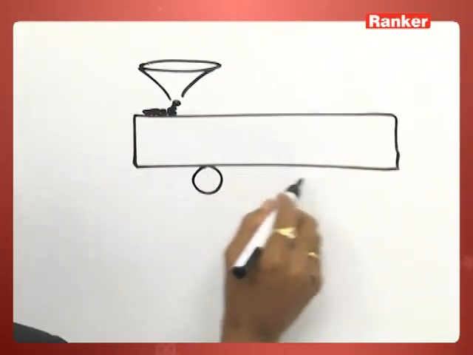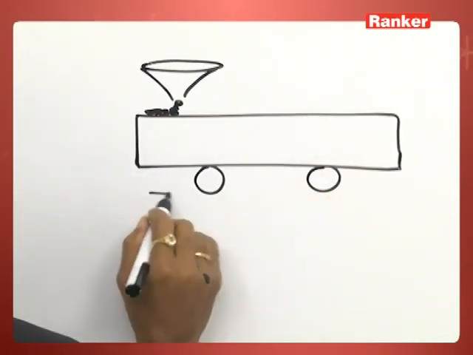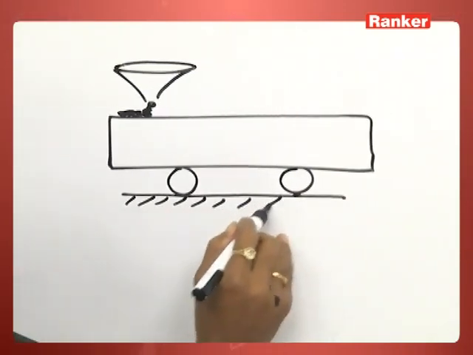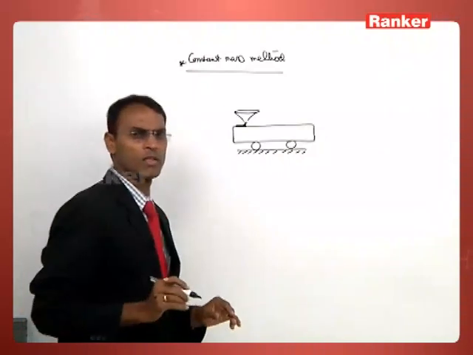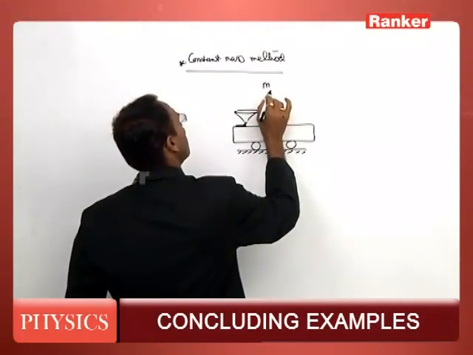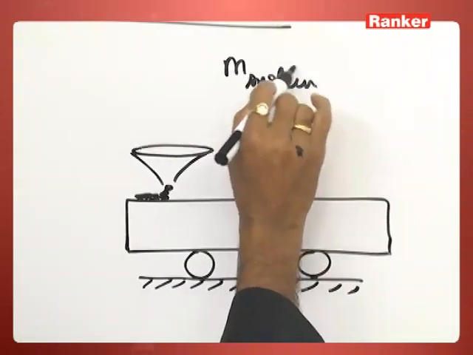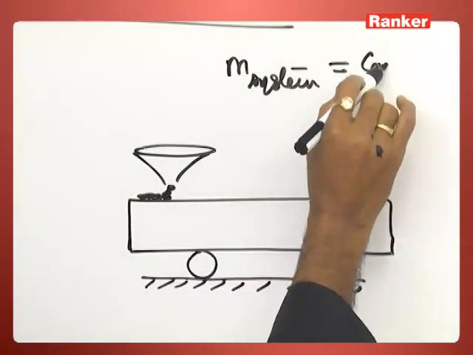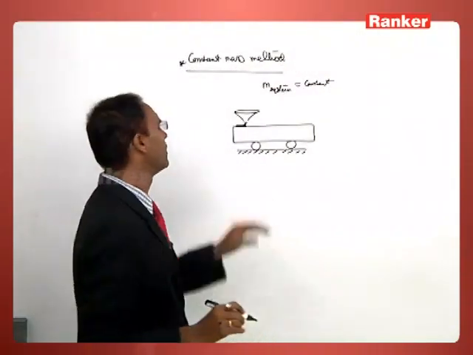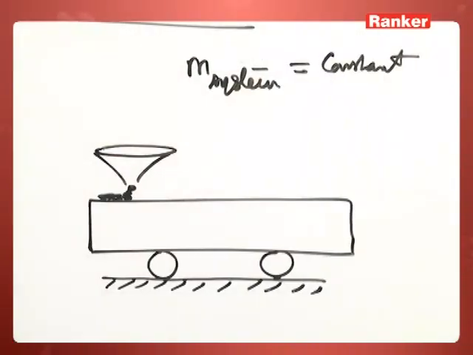Constant mass means mass of the system should remain unchanged. The mass of the system does not vary with respect to time.